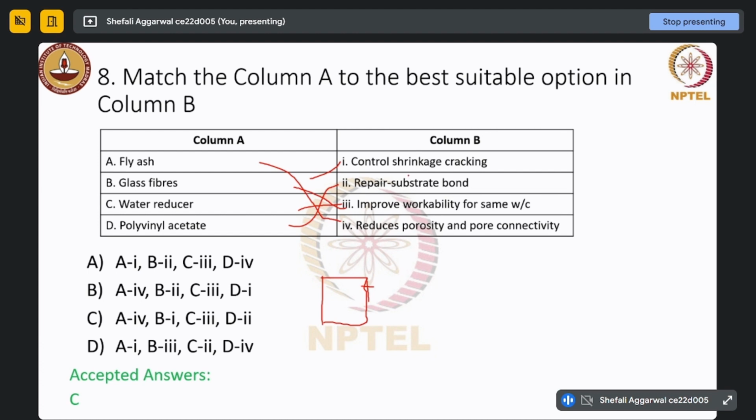So when shrinkage is happening, glass fibers are not controlling the shrinkage, but they are helping in preventing the cracking because of the bonding. They are binding the concrete together, so they will prevent the cracking which is happening. It's not preventing the shrinkage. Okay, ma'am.